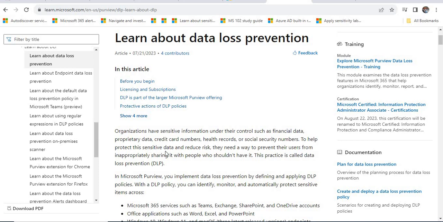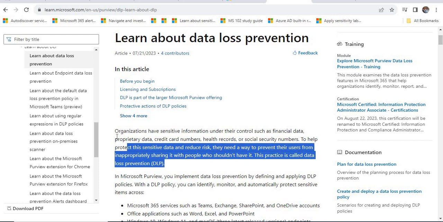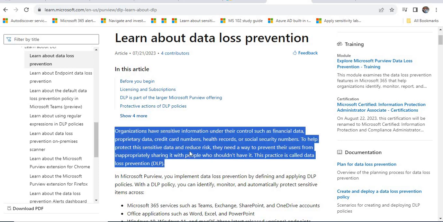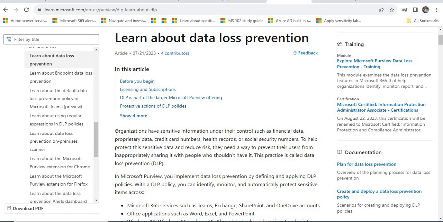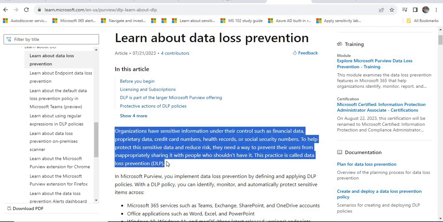To help protect this sensitive data and reduce the risk, they need a way to prevent their users from inappropriately sharing it with people who should not have it. This practice is called data loss prevention. I think you understood these three or four lines explaining the DLP policies.